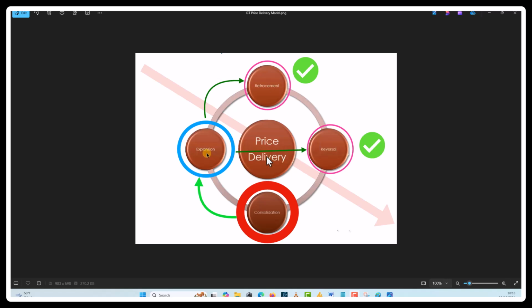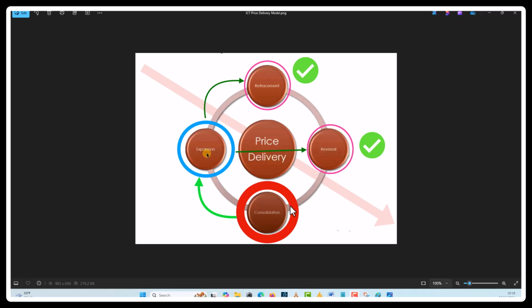It's like the wheel, where you say expansion, and it's going to go to consolidation, and it's going to go to expansion. It's going to go to retracement, or right into reversal. The beautiful is consolidation, expansion, and reversal. That's 3 steps right there, ABC right there.